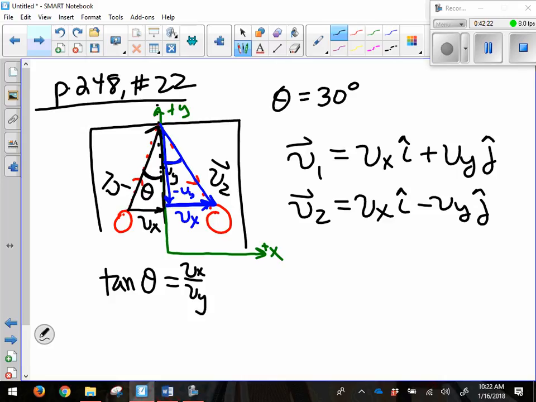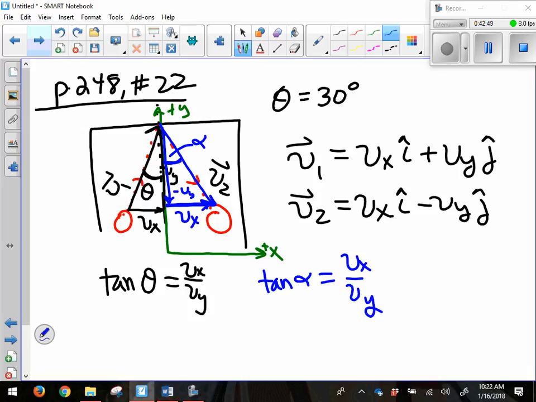Opposite over adjacent. All right. So let's call this angle alpha, just because we have to give it a name. So what's the tangent of alpha going to be? Vx over Vy.